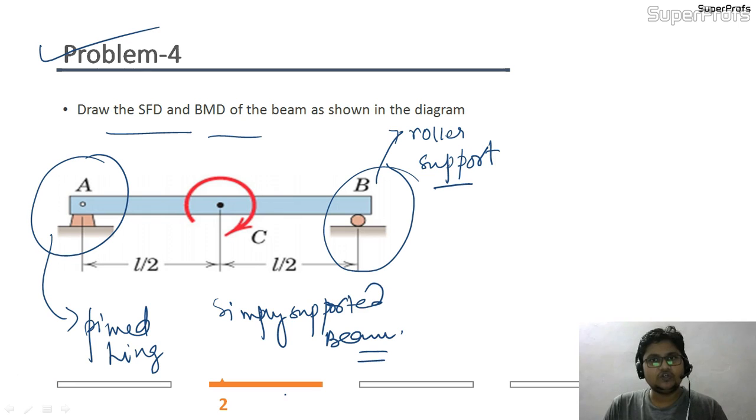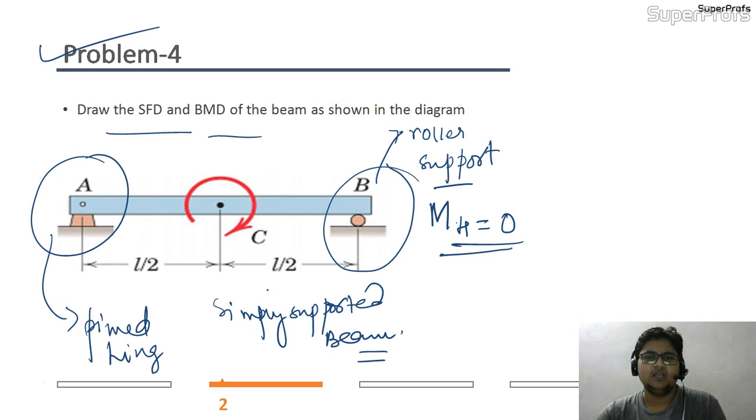And we also know the fact that hinges do not resist the bending moment. So the static equation that we will have in our hand is summation of moment at hinges equal to 0. From this equation itself, we will try to draw our shear force diagram and bending moment diagram. Now, after showing you this, I just want to draw the free body diagram, and in that I will be finding out the reactions offered by these hinges on the beam.